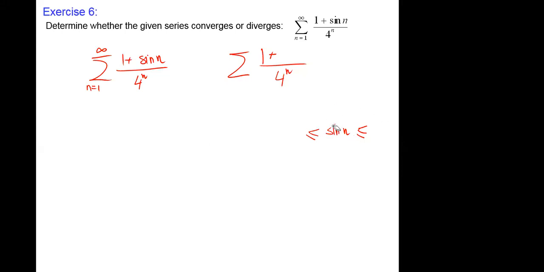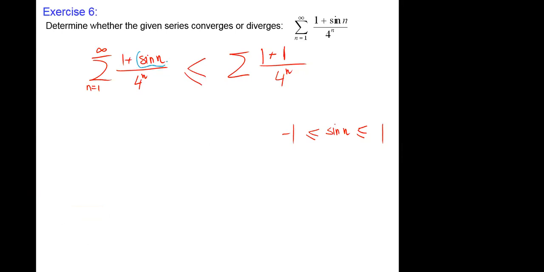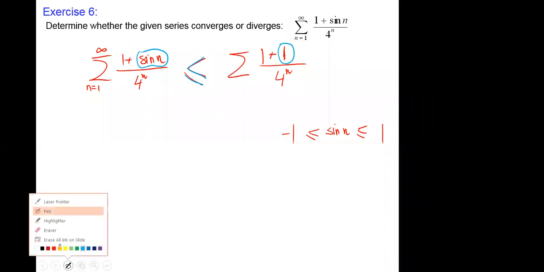Like, the sine curve has a maximum and minimum value? Yes, -1 and 1. That means I can put 1, and then sine is always less than or equal to. What I did is I only played with this sine of n, I replaced it with 1, and sine of n is always less than or equal to 1. And I think now I have a nice geometric series.